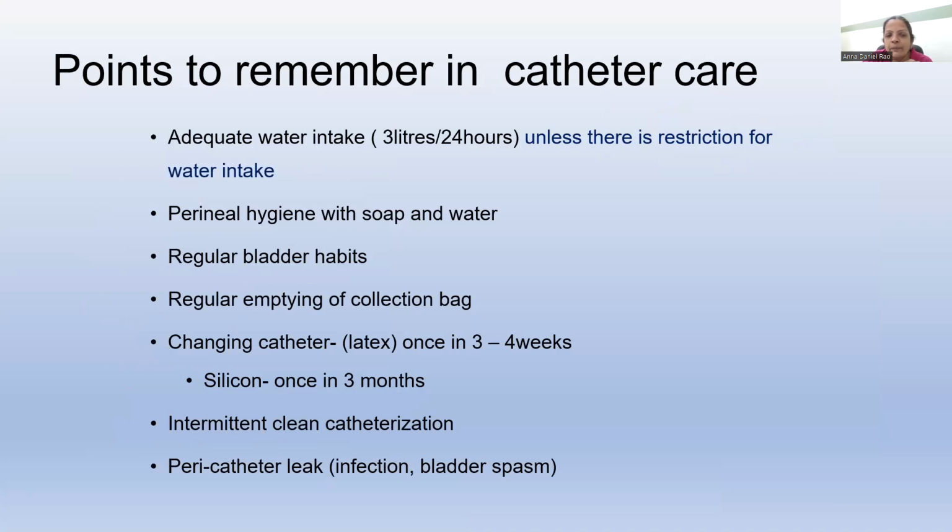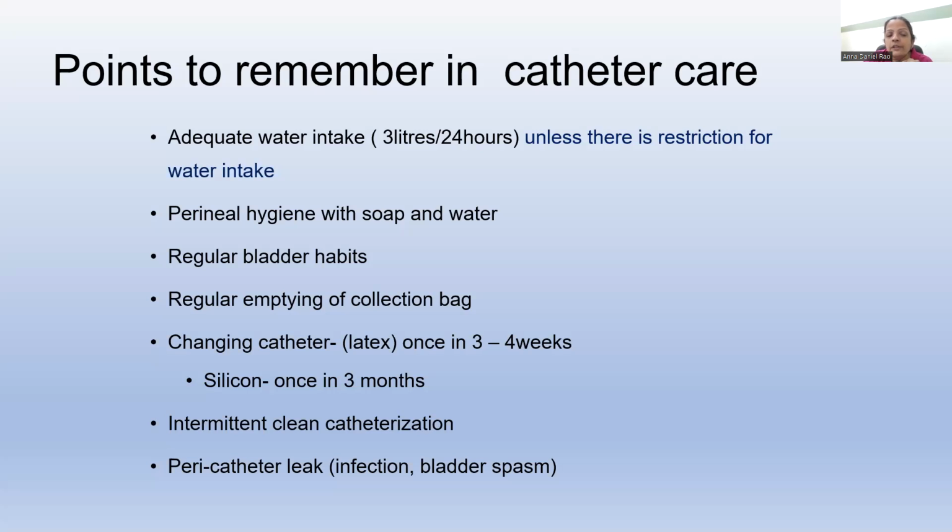So what to remember? First, adequate intake is very essential. A minimum of 2 to 3 liters in 24 hours, unless water intake is restricted. This should be remembered. Then good perineal hygiene is very, very essential. Here mild soap and water are used to clean the perineal area.